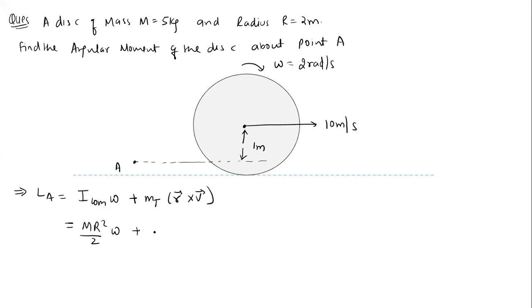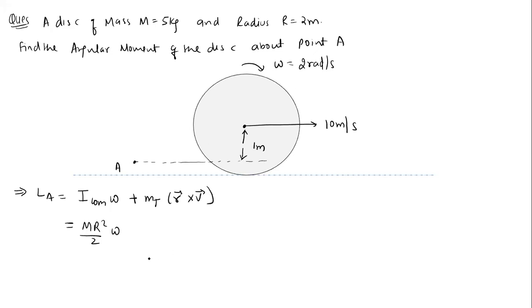The total mass of the body is 5 kg. First of all, one thing I missed there. If you talk about I center of the mass into omega, it is mr square by 2 into omega. What about the direction? Direction would be inside the plane because omega is clockwise.